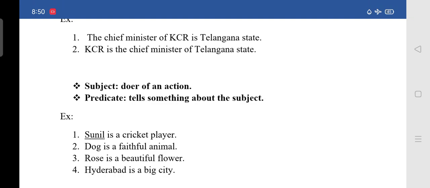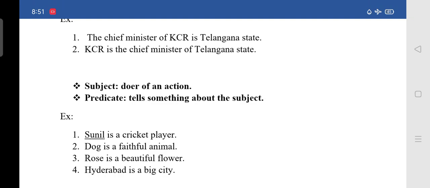Whatever tells something about the subject is the predicate. What is it telling? That he is a cricket player. So here Sunil is the subject and is a cricket player is the predicate.